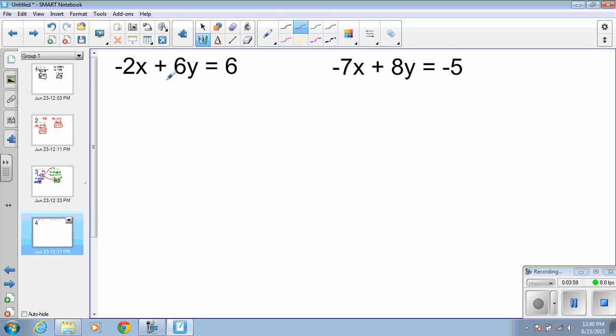One of the things we want to do is isolate a variable, so it looks like x in this equation here will be pretty easy to isolate.